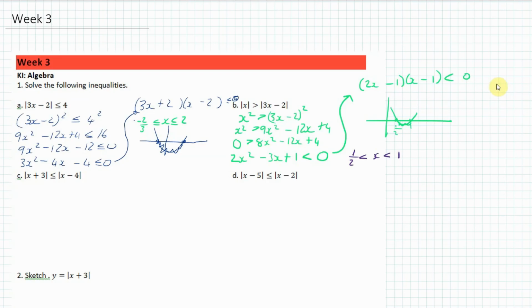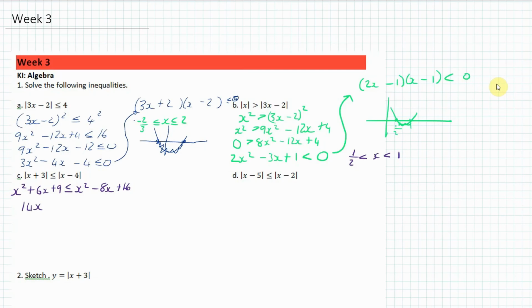Okie dokie, moving on to the next one, we're going to square both sides. I'm just going to jump in and do that quickly. X squared plus 6x plus 9 is less than or equal to x squared minus 8x plus 16. Okay, bring everything across to the left side. So we get 14x actually.